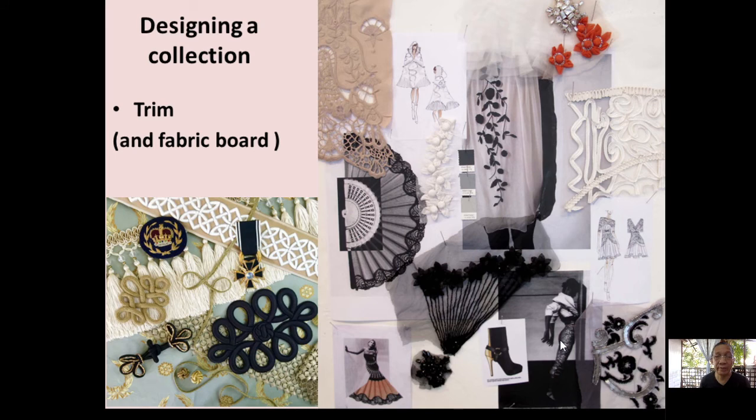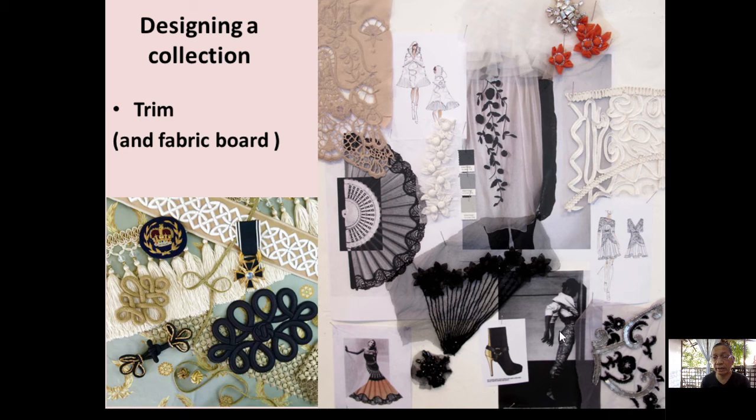So, trim and fabric board also would be included. I will always put the trim beside the fabric so that it matches. When you match together, a dress or a gown will be extremely beautiful, but can be ruined by trim.